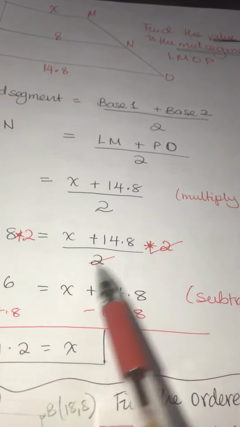I know that FG is the mid-segment of ABCD. And if FG is the mid-segment, then F is the midpoint of AB and G is the midpoint of DC. And because this is the midpoint, then I will need the midpoint formula.